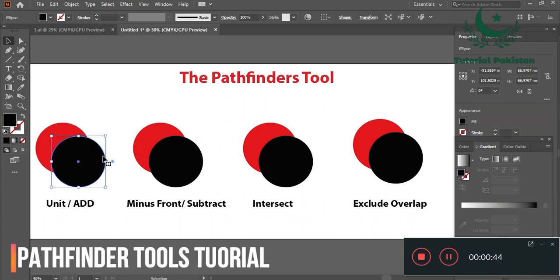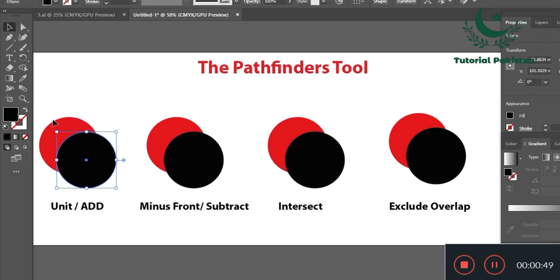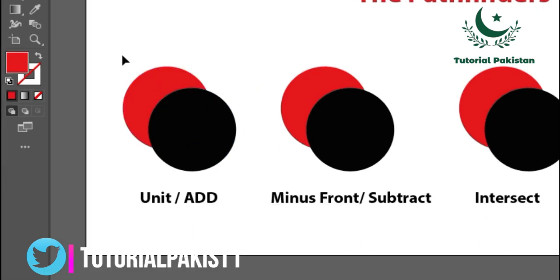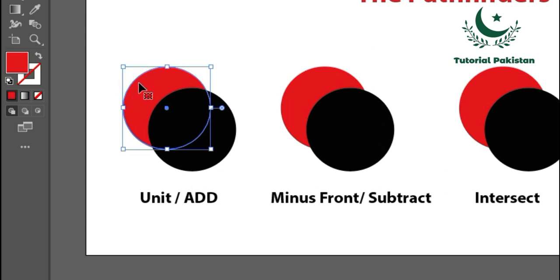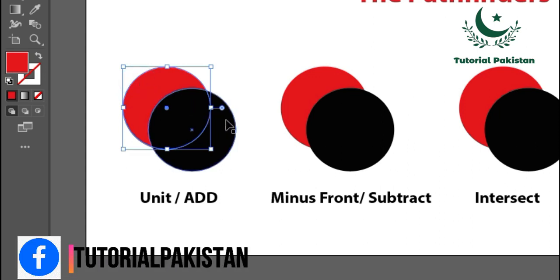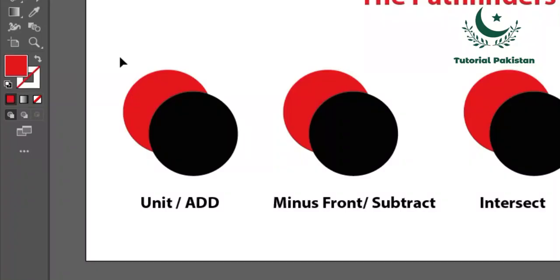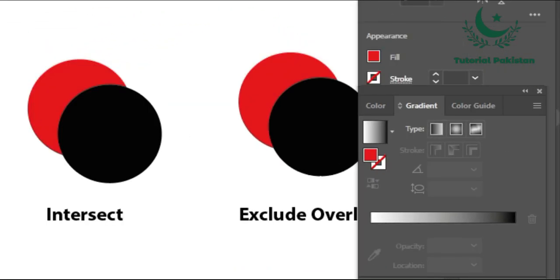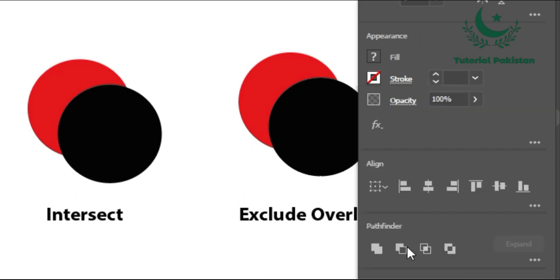So here I have created 4 different types of shapes. There is a red shape behind and a black shape at the top of it. We are going to select the first pair and select the red shape, and as we select one or more shapes, you will see the Pathfinder tools in the Properties panel at the right side.